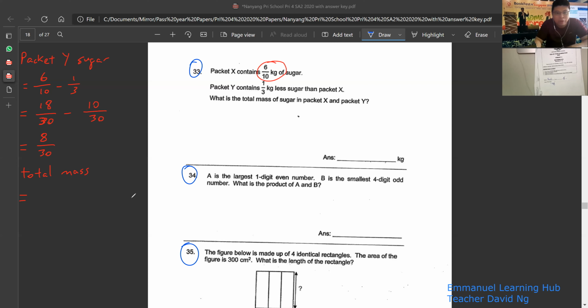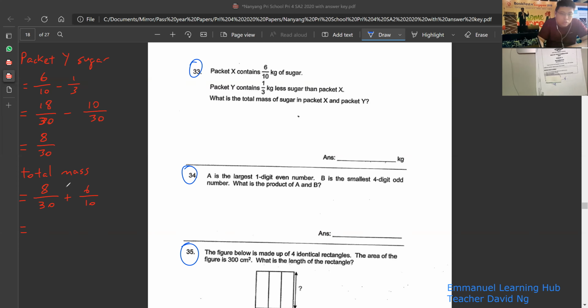Packet Y contains this amount. Altogether, 8/30 plus 6/10. Yes. Do you know why you have to add them? Because they say total mass. Yes, in X and Y.